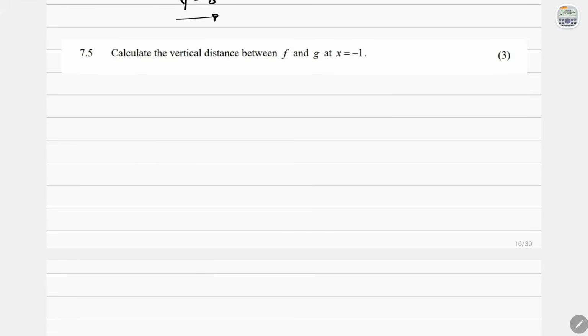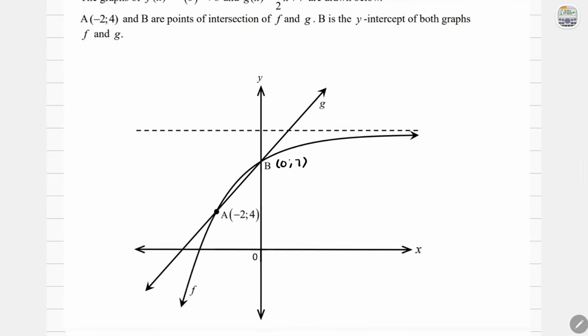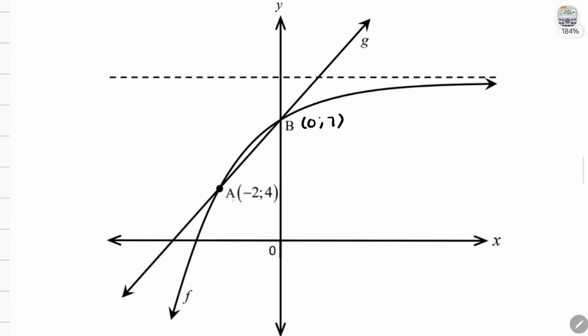Question 7.5 says, calculate the vertical distance between f and g at x equals -1. Okay, so between f and g. So here is x equals -1. We don't really know where it is, but we know this is -2 over here. So -1 is somewhere here. Okay, so you see that f is actually above g at this point where x equals -1.